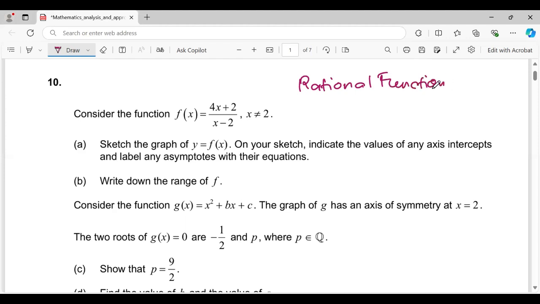How to sketch these rational functions? We need to determine the intercepts with the axes, and then we need to determine the asymptote equations.